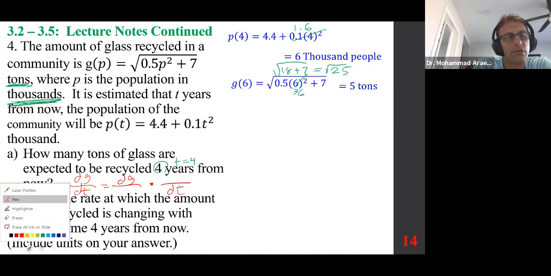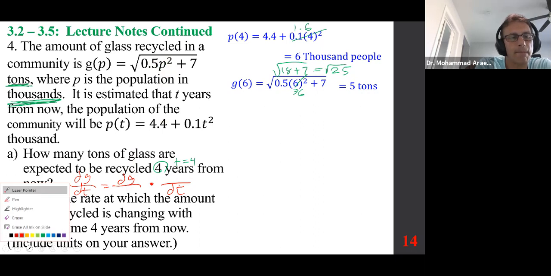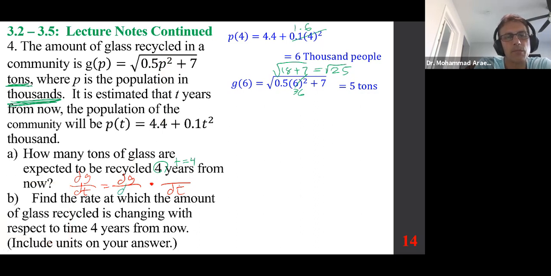Now, all I have to look for is what's in between. Is G a function of t? No, it's a function of P, so I need dP. So dG/dP, and dP/dt.